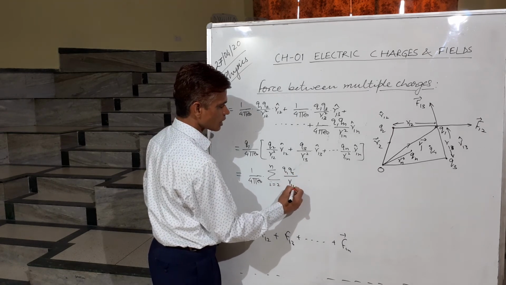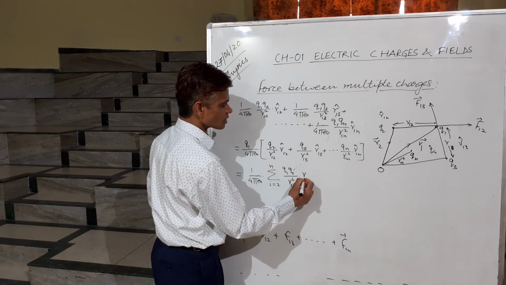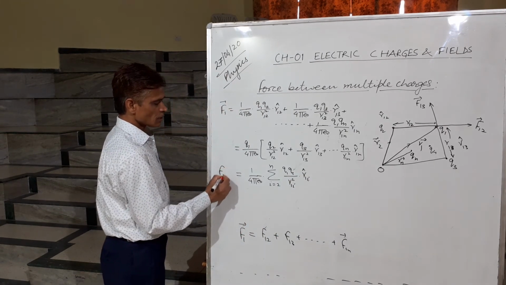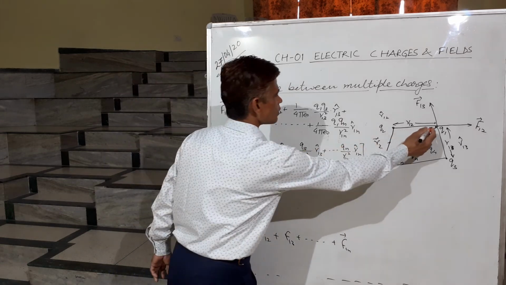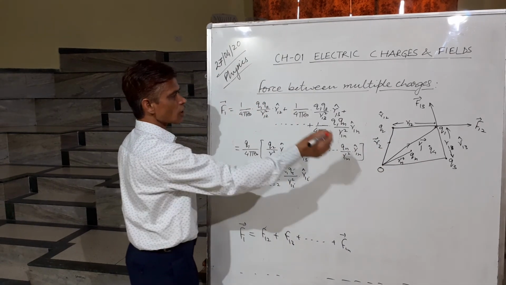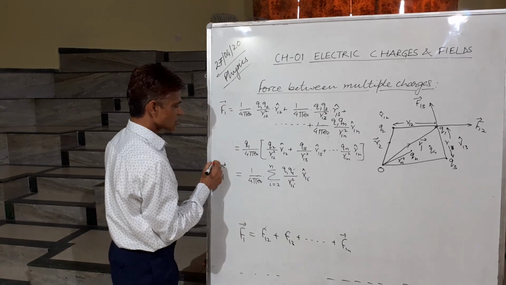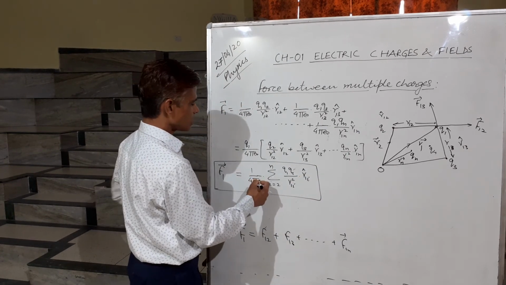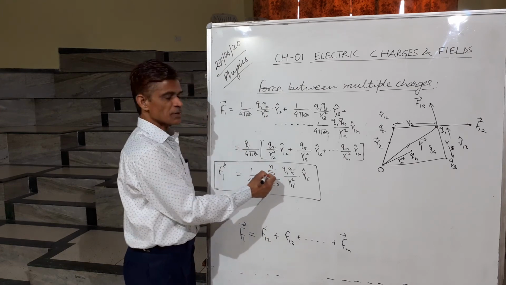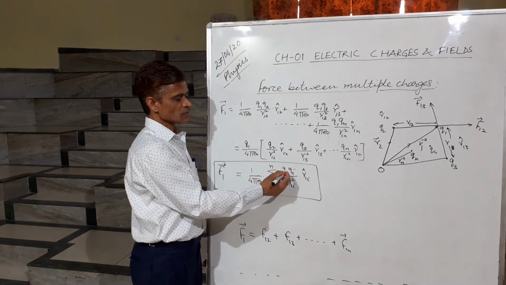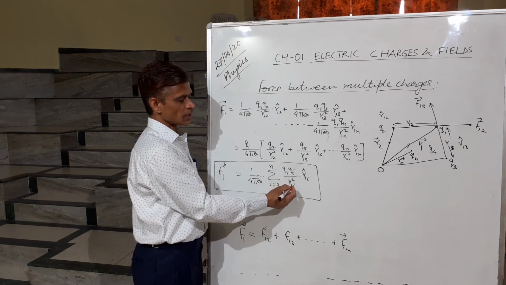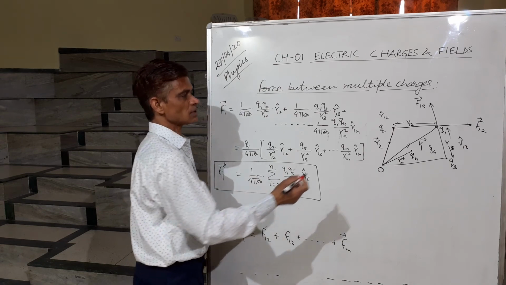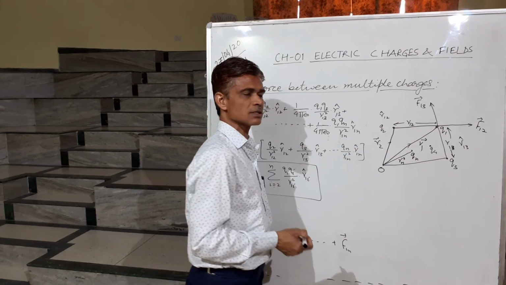So the net force on this charge q1 due to the rest of the charges of the system is vector F1 equal to 1 by 4 pi epsilon naught summation i equal to 2 to n q1 qi upon r1i square into r1i cap. This is the net force on charge q1 due to the rest of the charges.